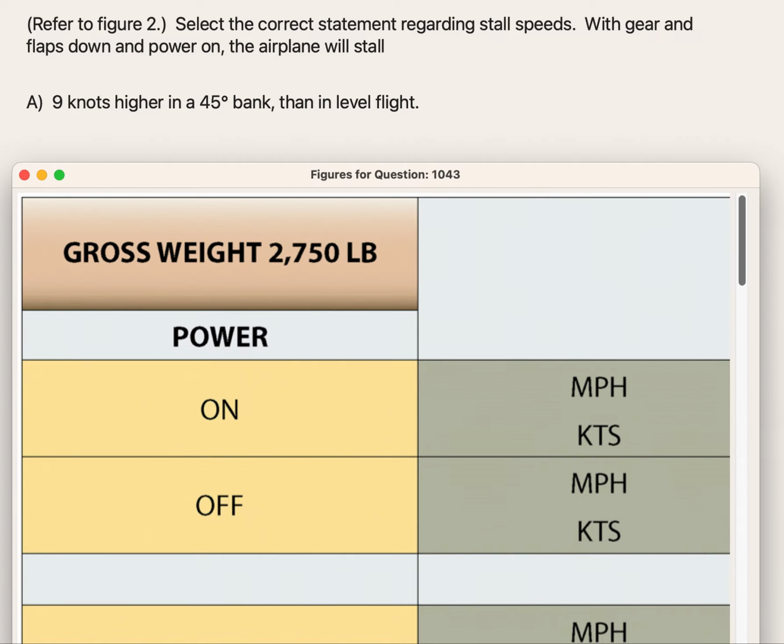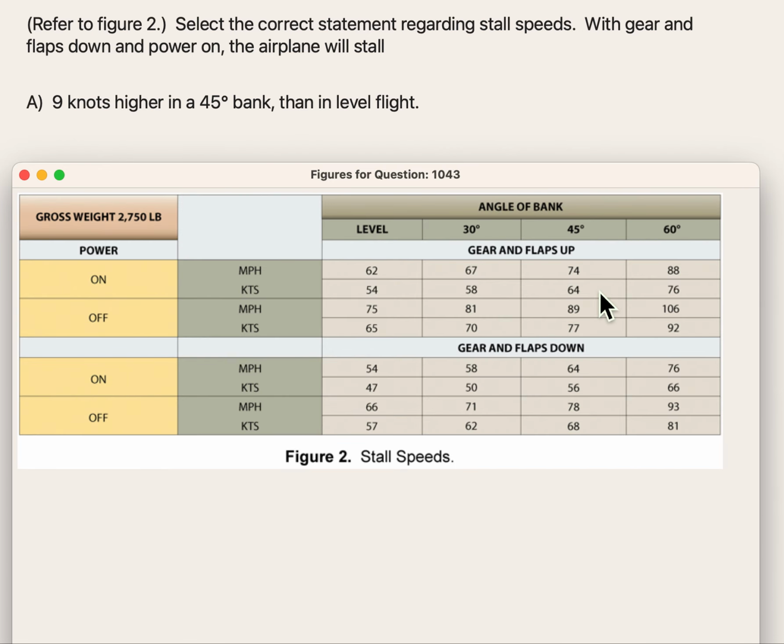Refer to figure 2. Select the correct statement regarding stall speeds.